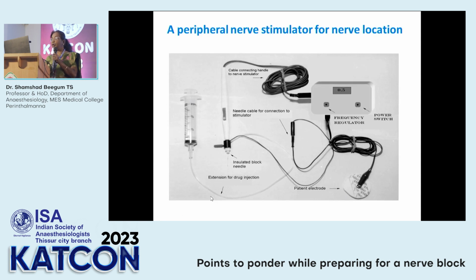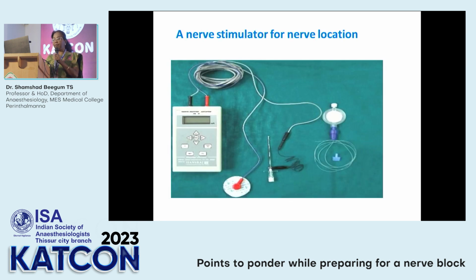And also the peripheral nerve locator lead, to be attached to the site to be blocked, and the syringes loaded with the local anesthetic. So this is what is available to all of us now.